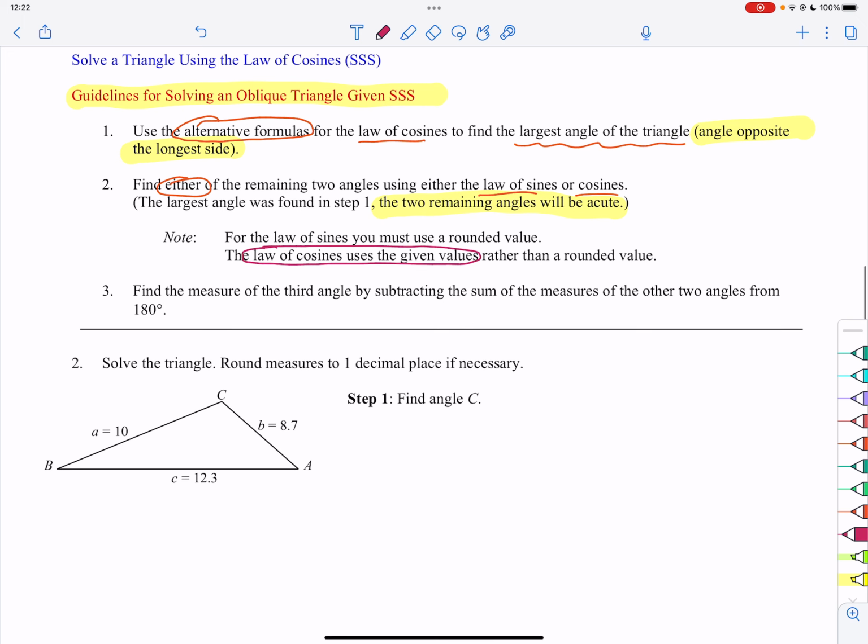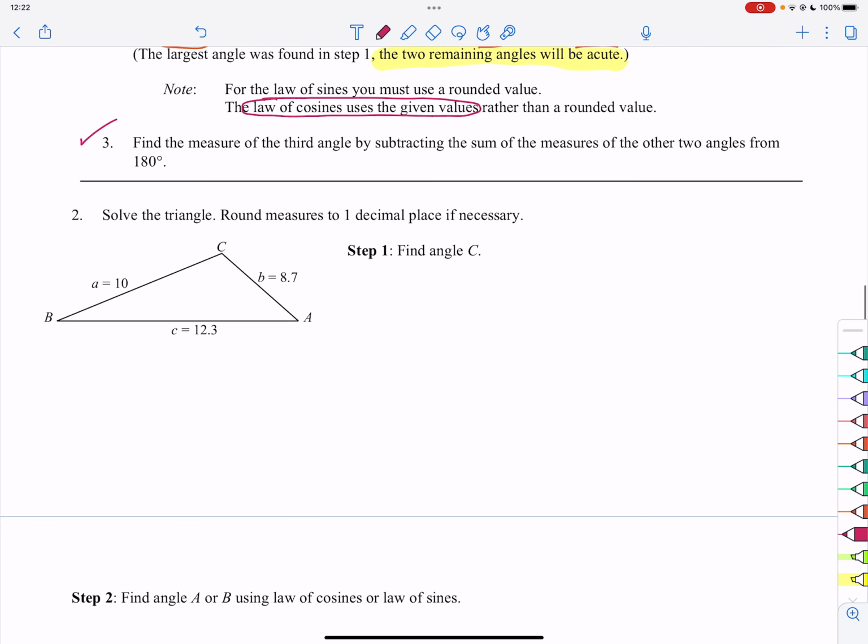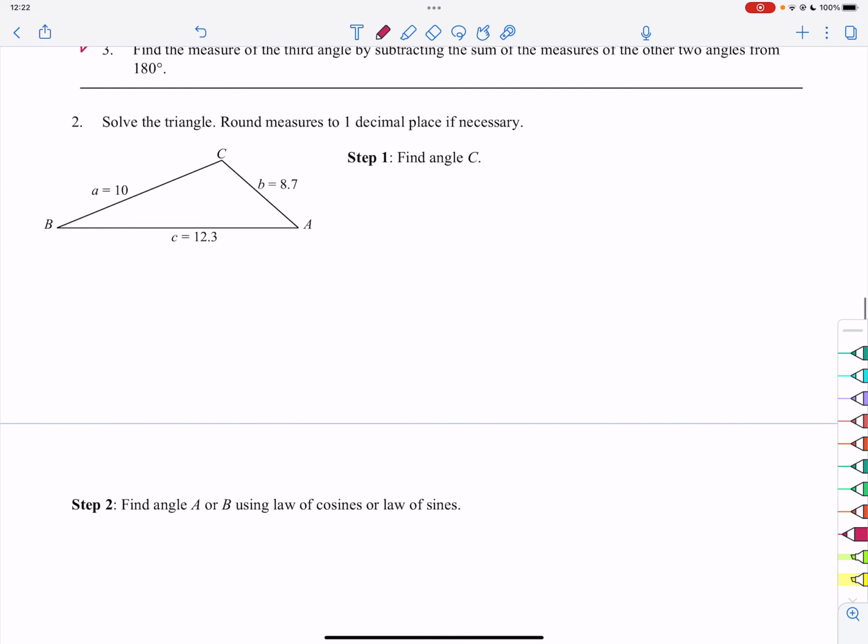And then we'll simply find the measure of the third angle by using that the sum of all angles equals 180 degrees. So let's look at this example here. Solve the triangle, and as you can see, we have side, side, side.